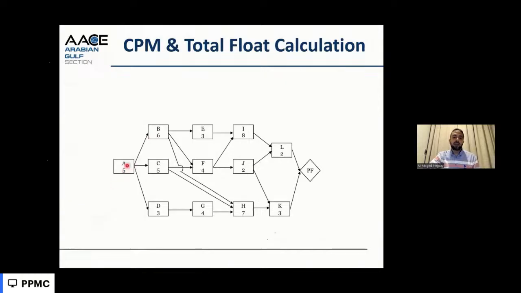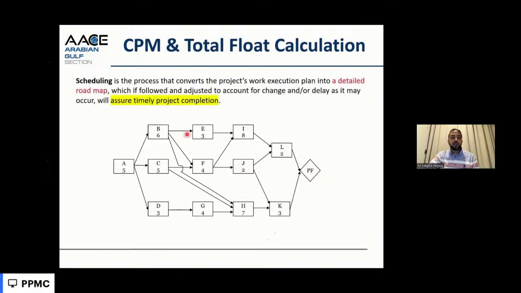Then, finish to start after activity A, activity B and C, D will start after B, E, F, H can start after C, F and H can start after D, G, H will start after each other until we have these dependencies to reach the project finish. Based on that, we calculate the duration of the full project and make it according to the contractual duration. We have a detailed roadmap with all activities and dependencies to assure completing the project on time.